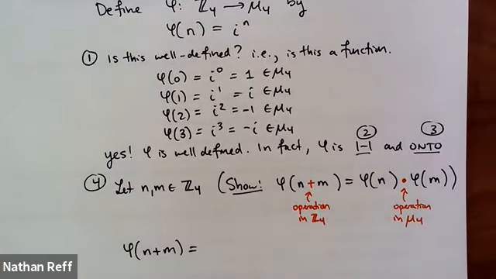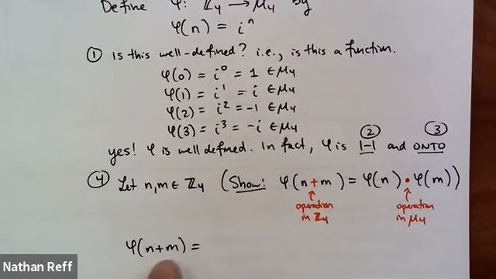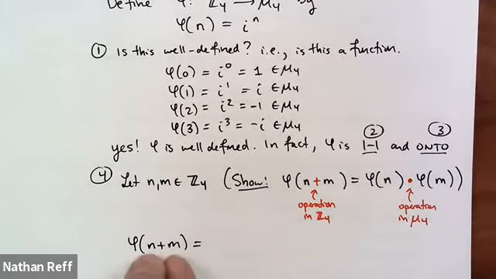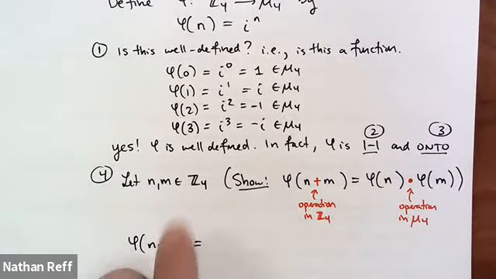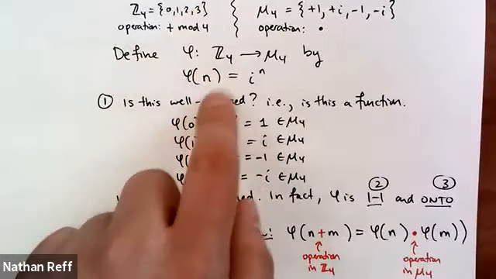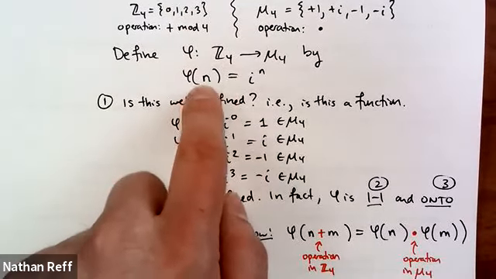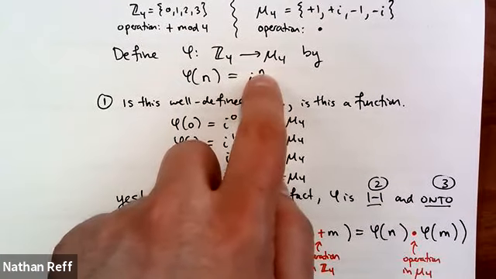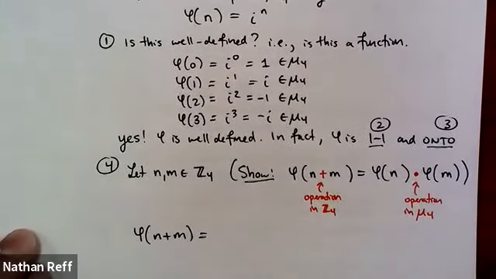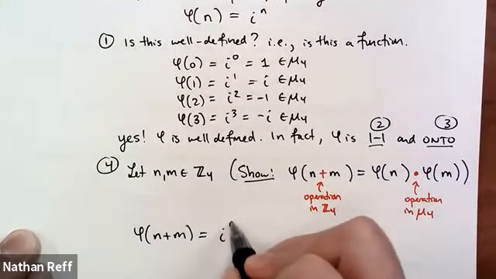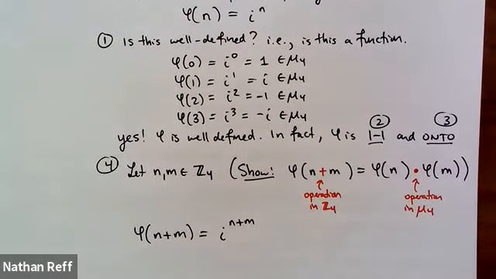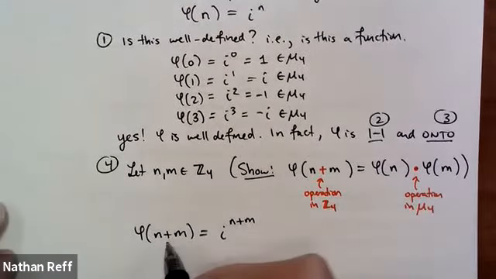And can I do anything with that? Well, sometimes you have to simplify the inside, but this will be an element of Z4, right? So my mapping knows what to do with it. It'll map it to I to whatever that input is, right? So this gets mapped to I to the n plus m, right? According to our function, this is the input, right?